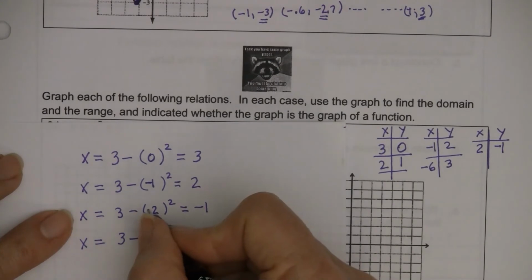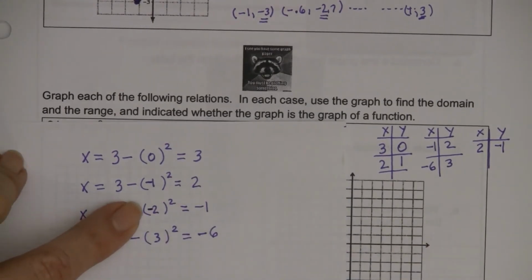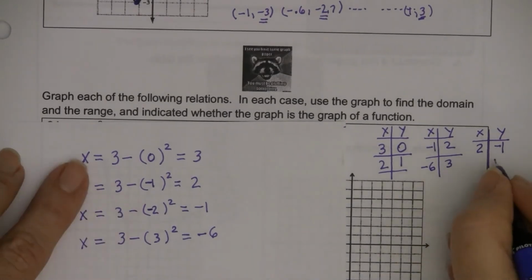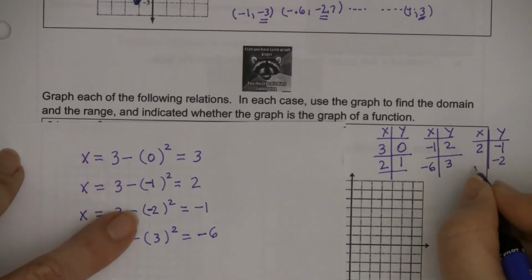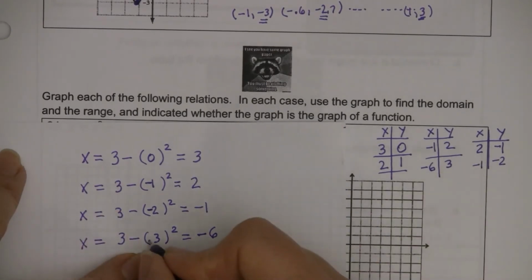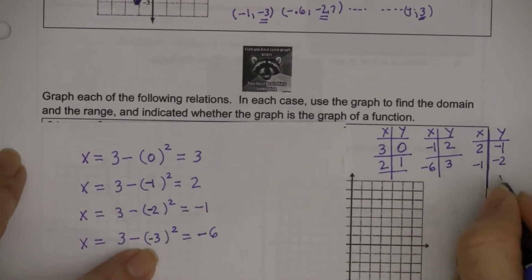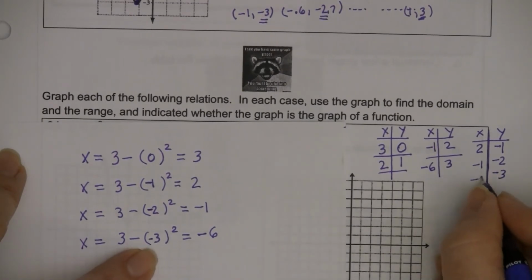And when I put in negative 2, because when you square with the parentheses around that negative, it's a positive. 2 squared and negative 2 with parentheses squared are exactly the same. So for negative 2, I get negative 1. And for negative 3, and so this is that symmetry that we had on our last one, negative 6.